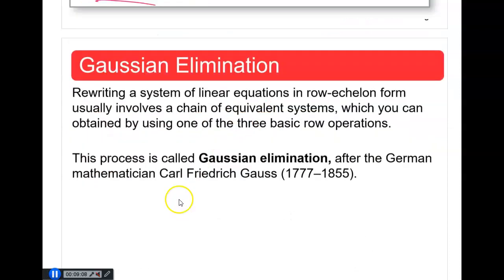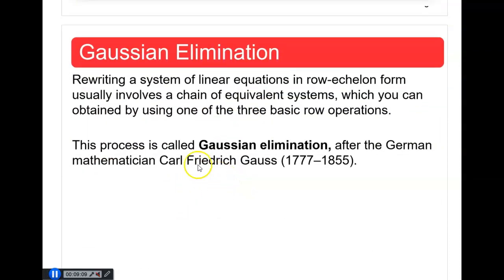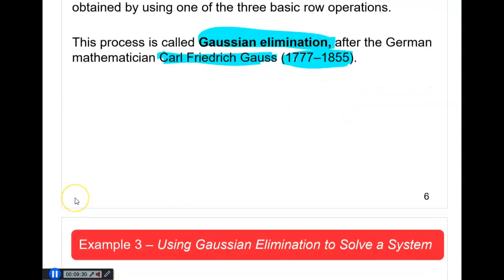The process is called Gaussian elimination after the German mathematician Carl Friedrich Gauss, and he's one of my favorites because he did a lot of work not only with matrices but also with sequences, for example, and we did mention this in chapter 3.